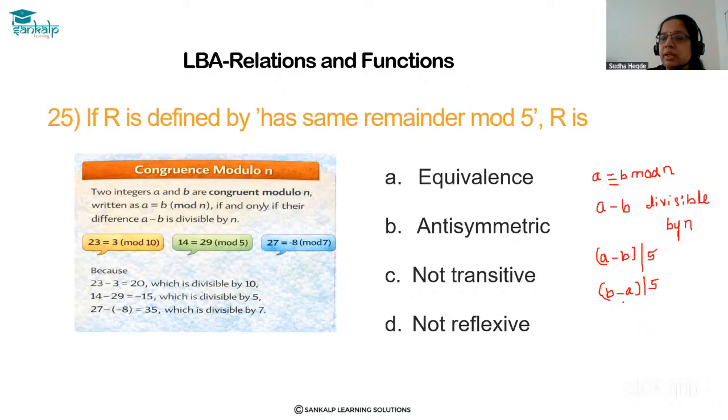Definitely, only the negative value you are going to get. So R is symmetric. Now check reflexive. A minus A, is it divisible by 5? It is 0, and 0 is divisible, correct? So it is reflexive.